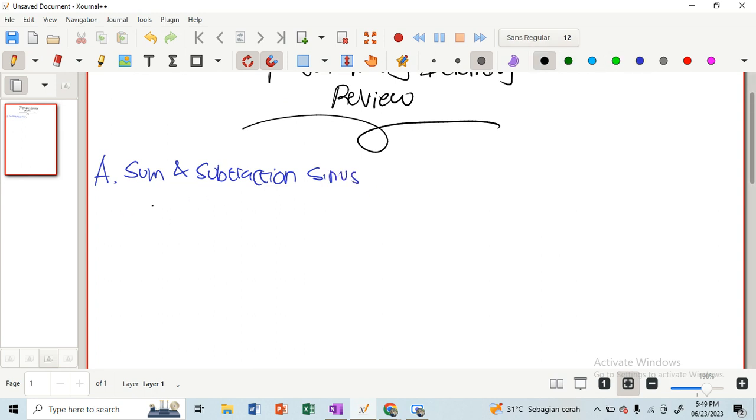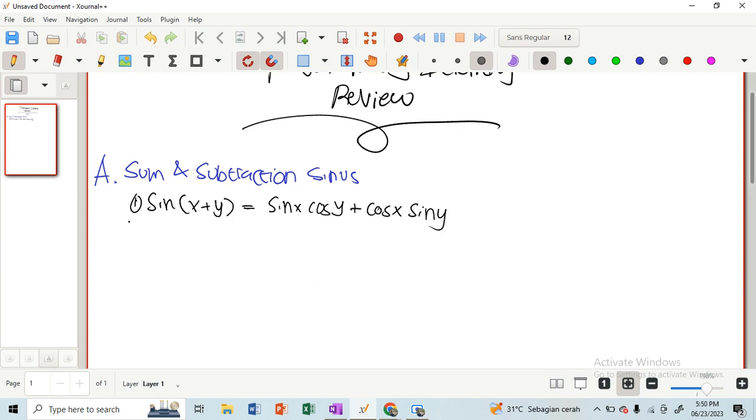For example, if you have sin(x + y), you could expand this into sin x times cos y, plus cos x times sin y.